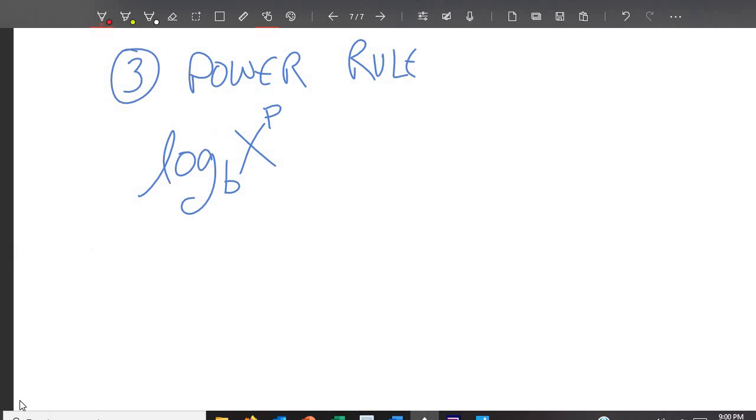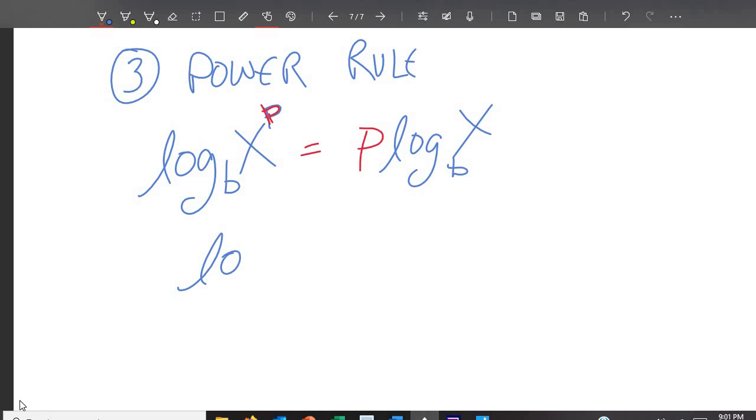If you have an exponent, the rule says you can put that exponent in front of the log and you don't have it any longer. So the power goes in front.